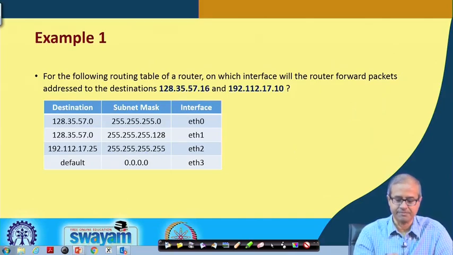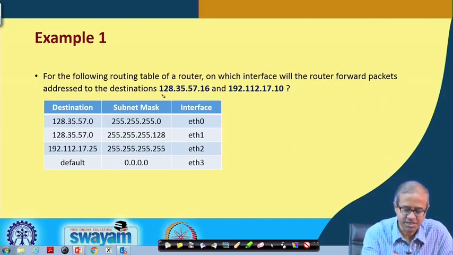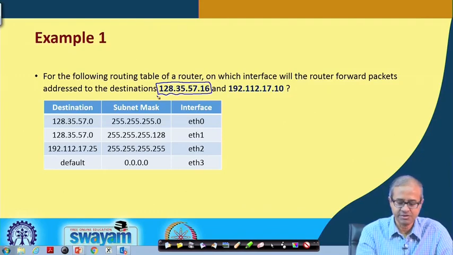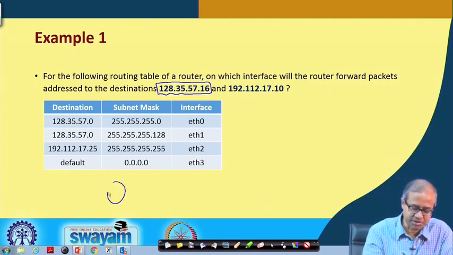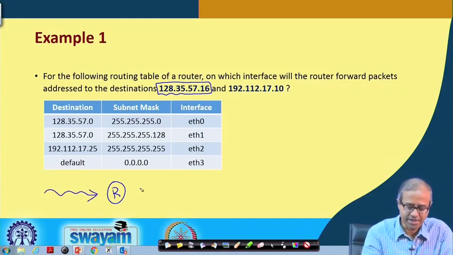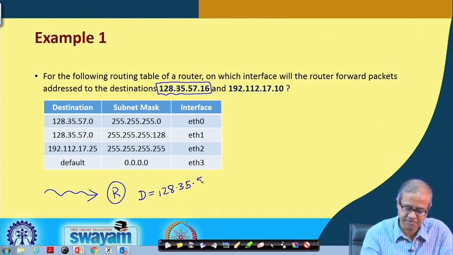So, let us see. Now, the question is, there is an IP packet. Let us take the first example here. There is an IP packet which comes to the router, where the destination address is 128.35.57.16.